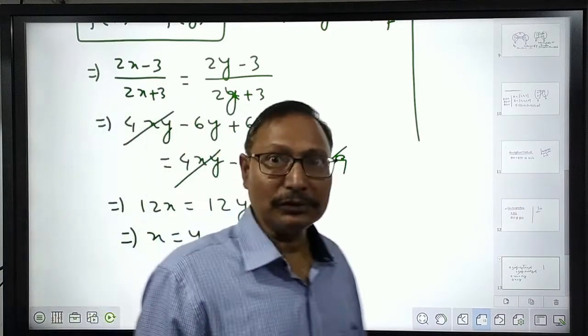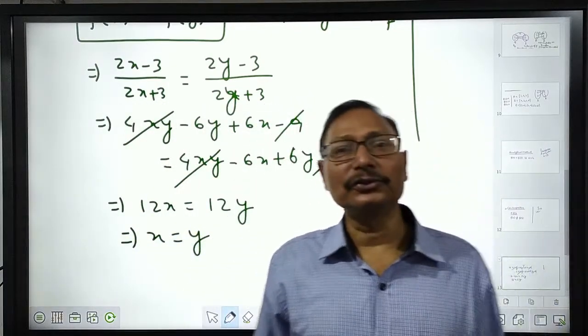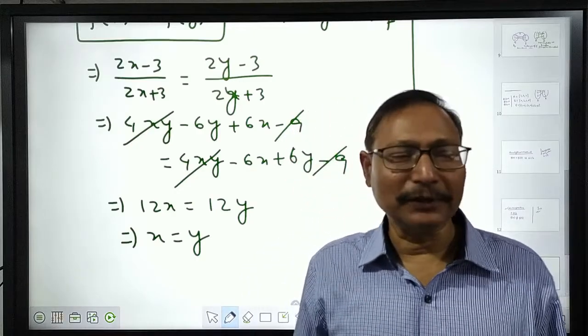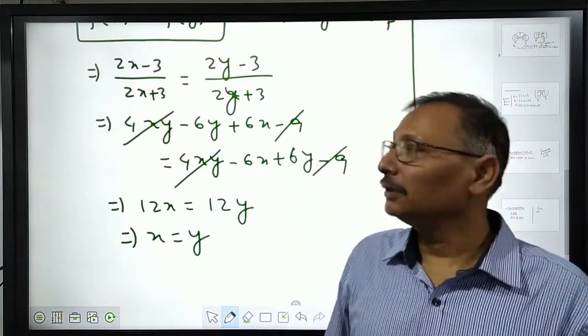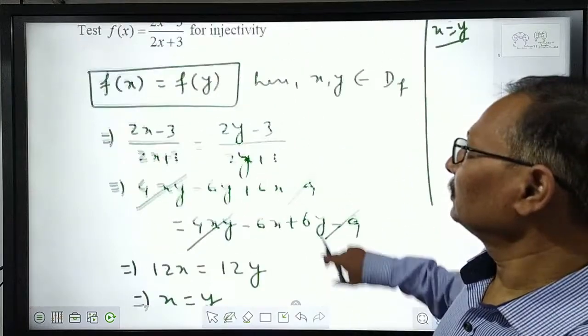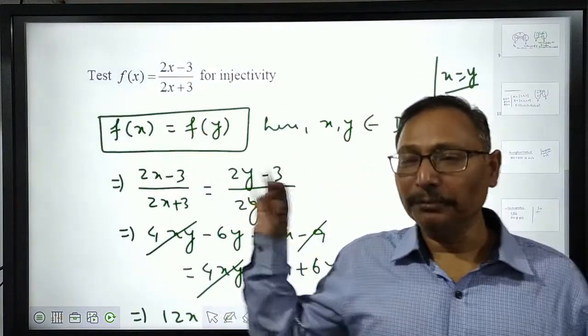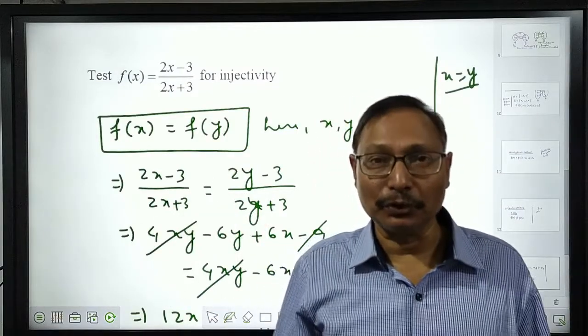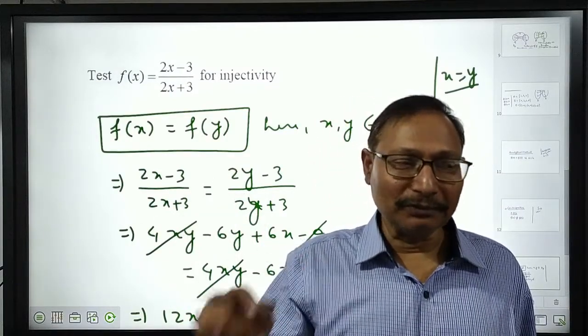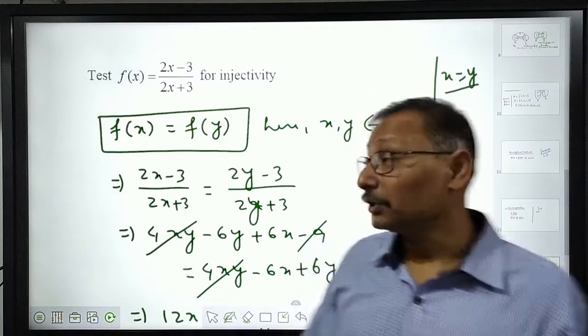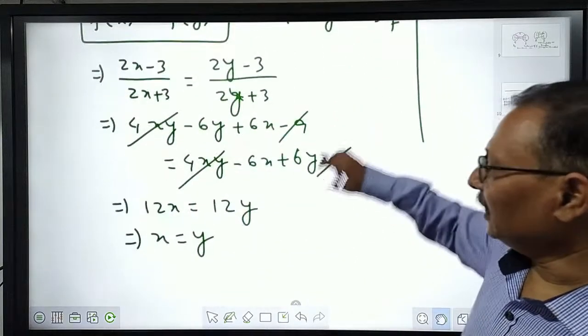So the conclusion is now this: x is equal to y. So if we took f(x) is equal to f(y), that means we took images of x and y as equal, and we concluded that x is equal to y.